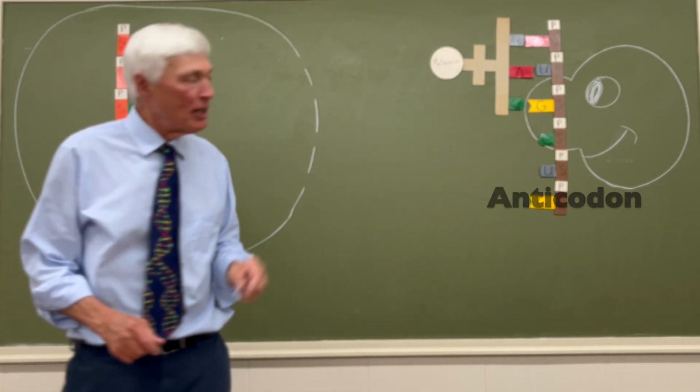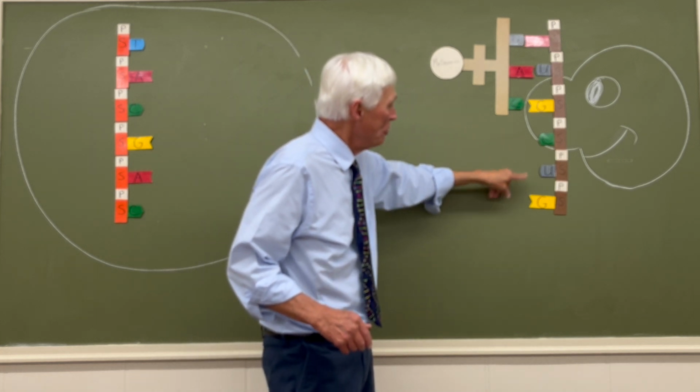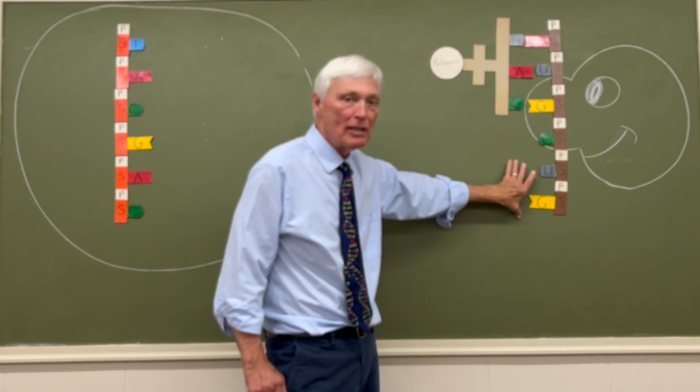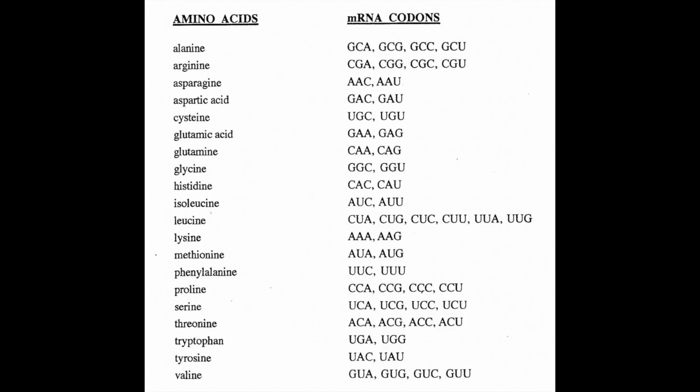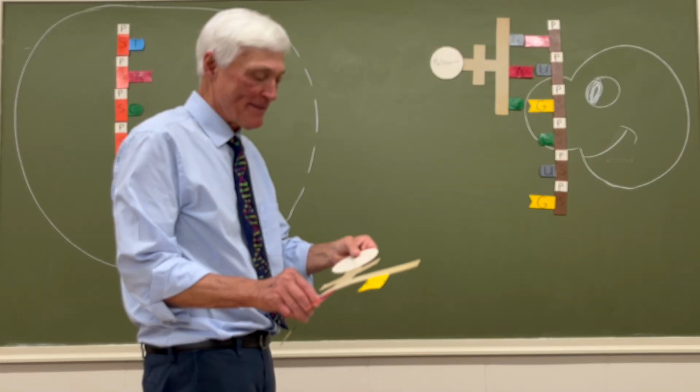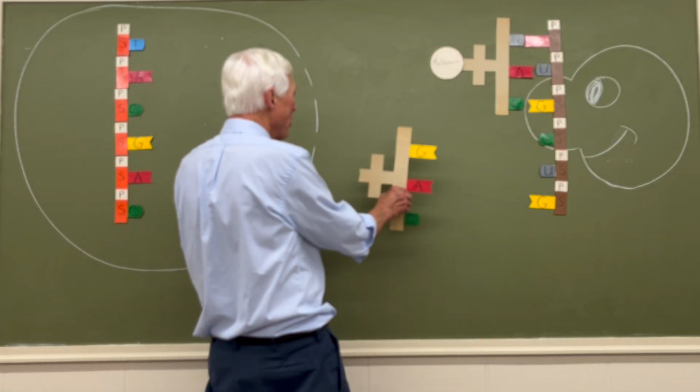All right, so what's going to happen next? Well, look up CUG, the codon CUG in that code chart again. So here's the code chart again. So what amino acid does the codon CUG code for? I hope you said leucine. Leucine. So let's go back to the drawing board here.